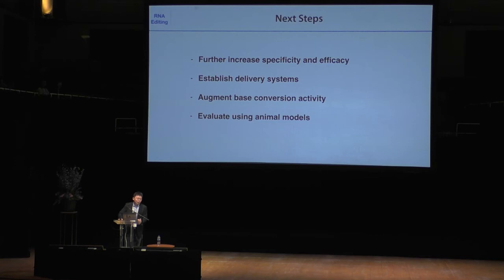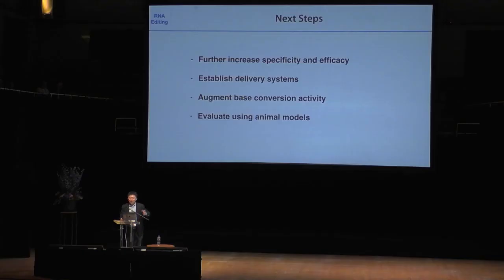We're continuing to further improve the system, make it more specific, more efficient, and develop delivery methodologies so that we can use it to edit cells efficiently in the body, and also begin to test this using animal models to see how well we can use the system in a therapeutic context. So we have been able to do a lot with CRISPR systems using Cas9, Cas12, Cas13.